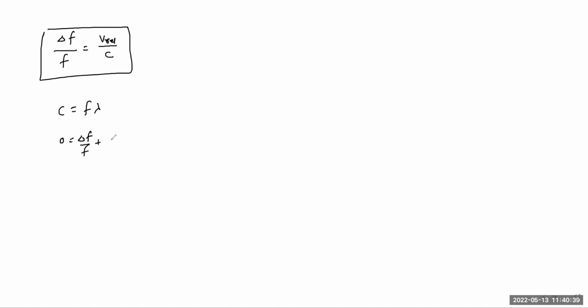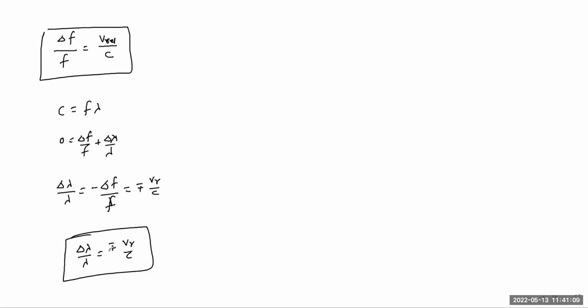Delta f by f plus delta lambda by lambda equals 0. Delta lambda by lambda is, fraction wise, the same, just the sign will be opposite, which is logical. So if frequency increases, lambda must decrease and so on. It's only a matter of a sign. Numerical value we can calculate easily, and from logic you can understand whether delta lambda should be positive or negative. So no need to take the sign. So just use the formula.